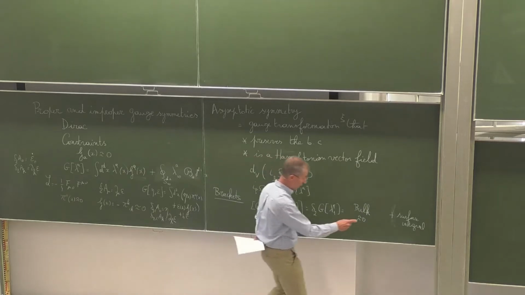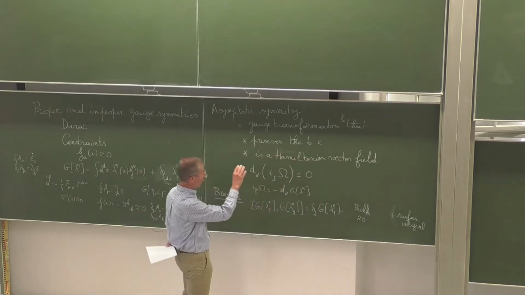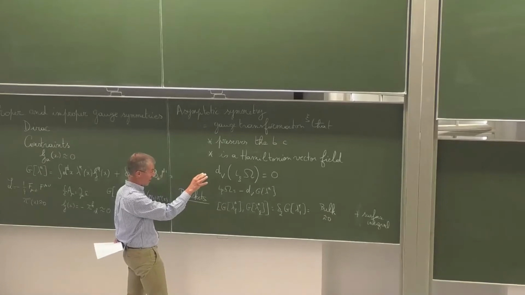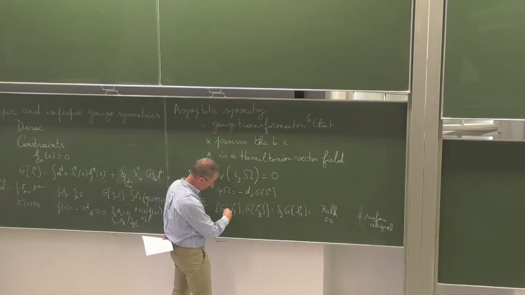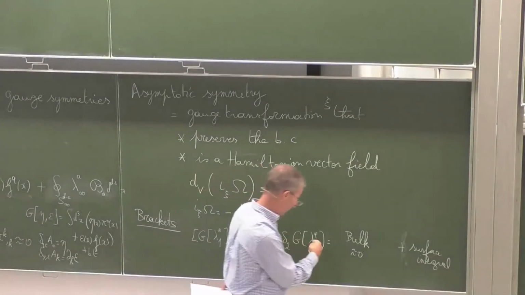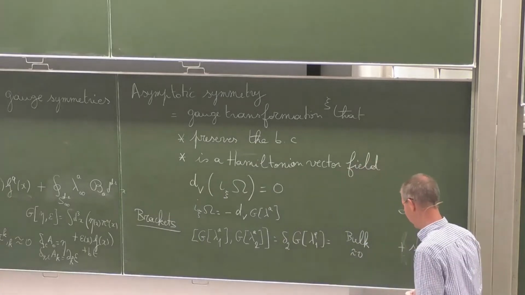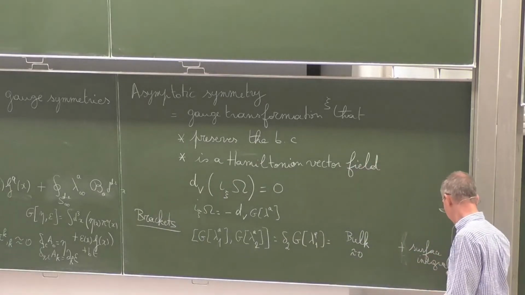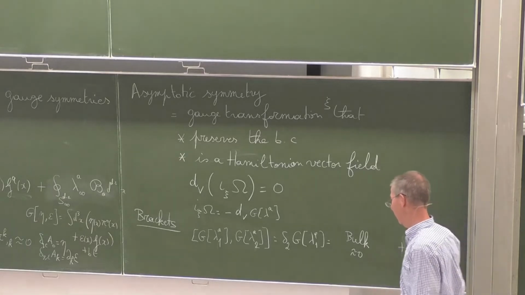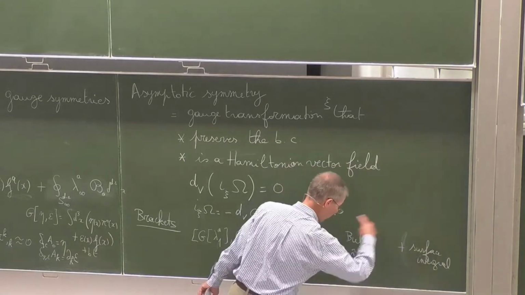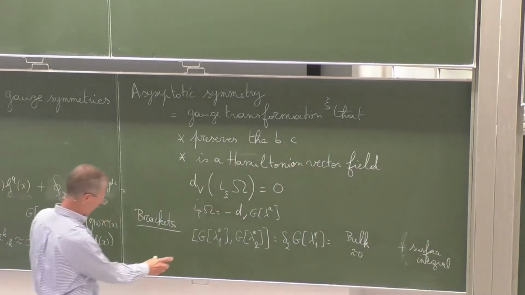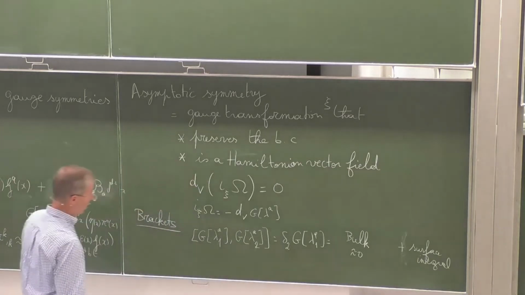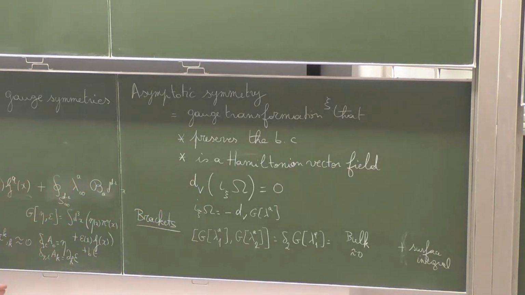And also we know, because of having a well-defined Hamiltonian vector field, that this is a generator of a well-defined transformation. So actually the surface term is precisely the surface term that you need to make the full thing well-defined. So we see that the bracket of two generators of gauge transformations is again a generator of a gauge transformation.